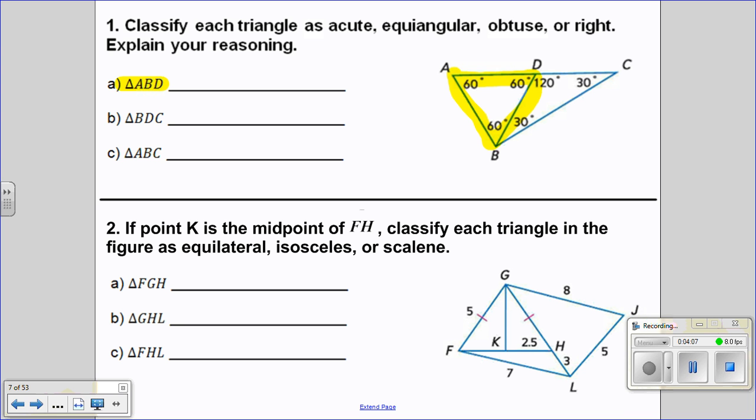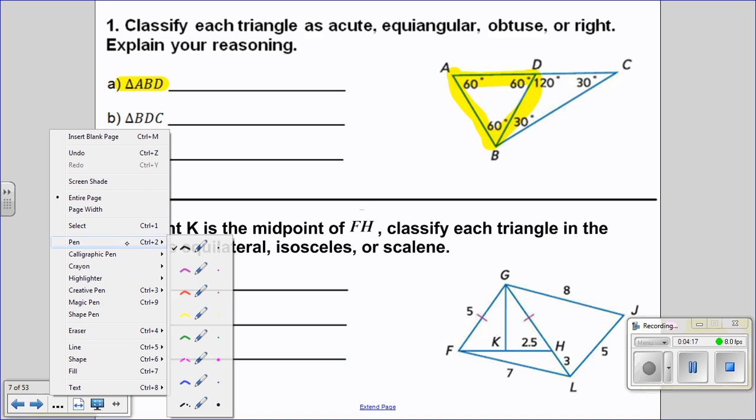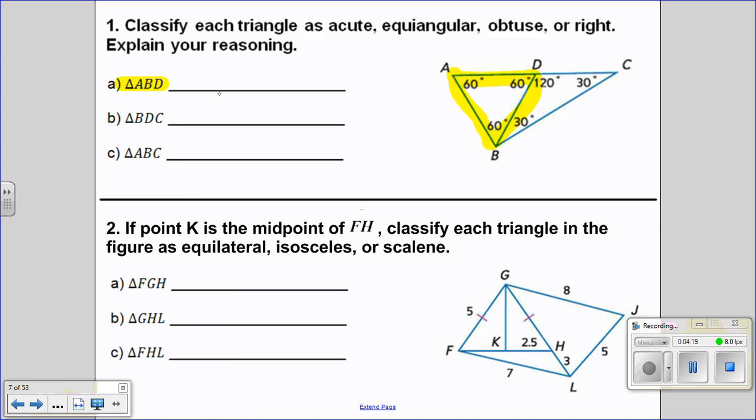If you look at every corner or vertex, they each measure 60 degrees, which is an acute measurement, so it could be classified as acute. And because each angle is the same acute measurement, it's also equiangular.